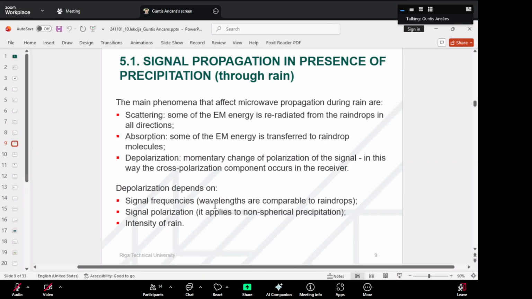Also, this depolarization depends on signal polarization and intensity of rain. So basically, rain can impact microwave signal operation at the physical level.